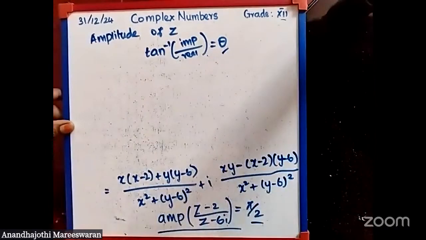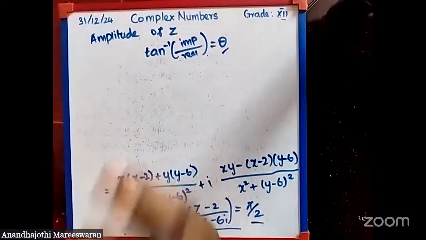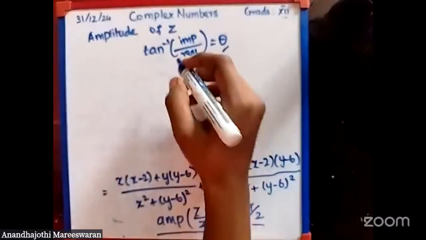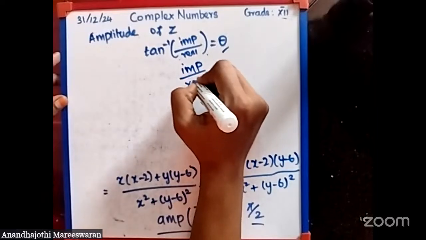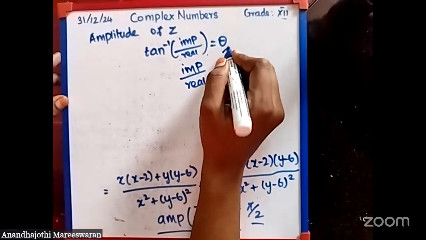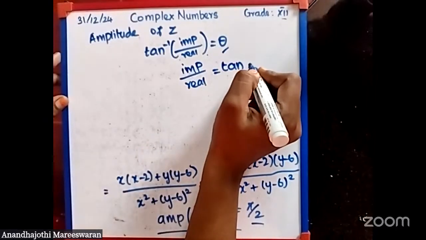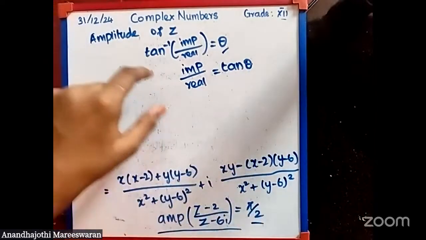If we substitute this directly here, it will be much more clumsy, so I'm going to change it a little bit. Imaginary part divided by real part equals, as tan inverse goes to that side, it becomes tan theta. Now we substitute these things here.